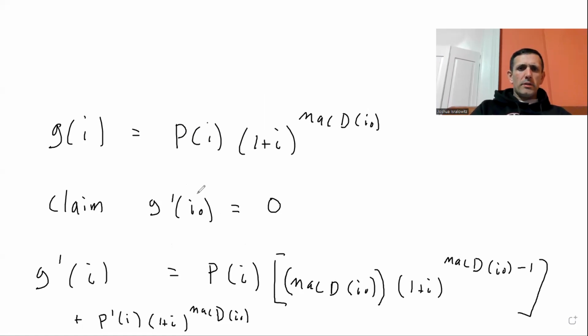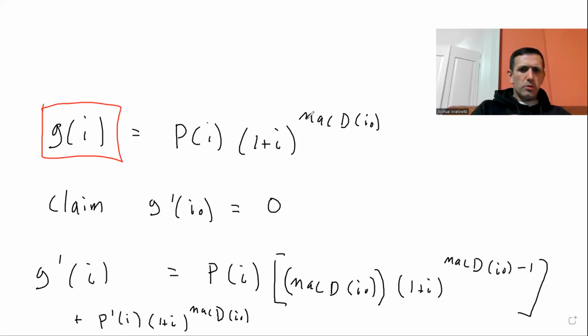All right, and so this is going to actually make my linear approximation for G just incredibly simple. And that's where this first order Macaulay approximation is going to come from.